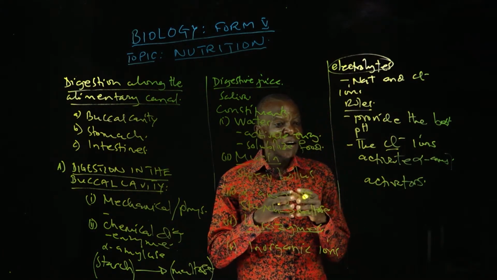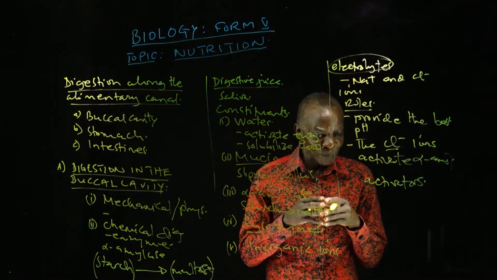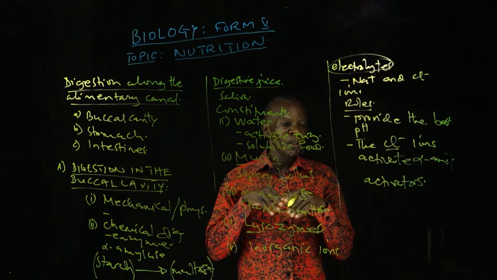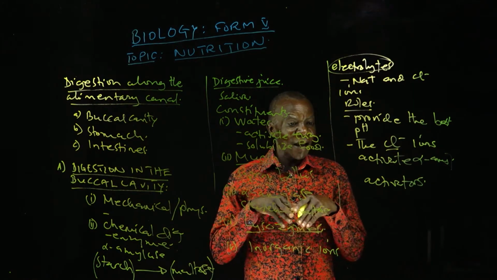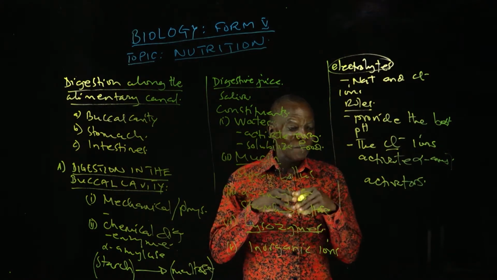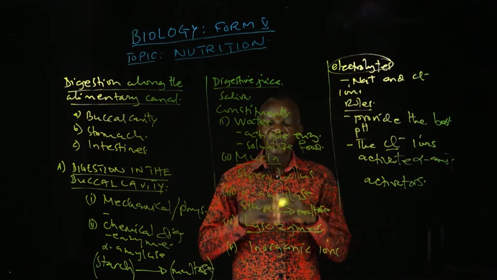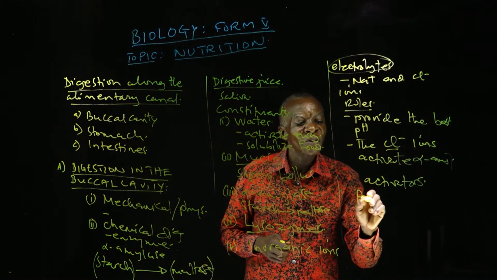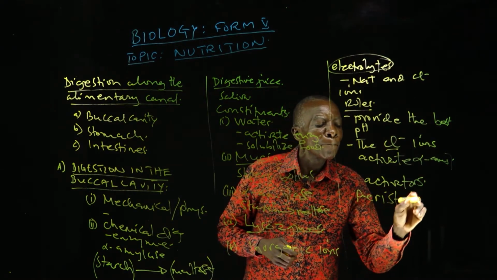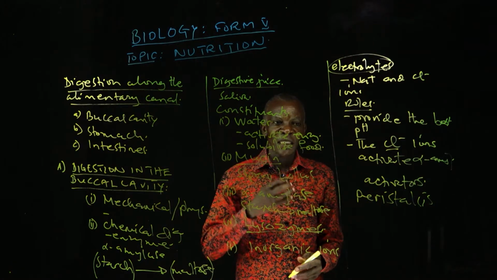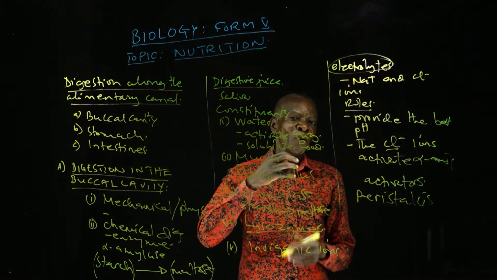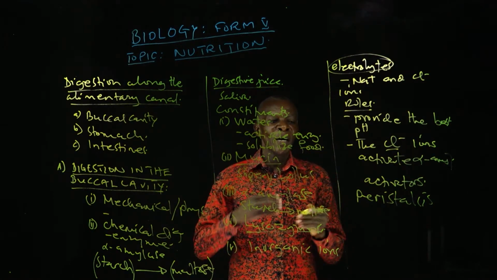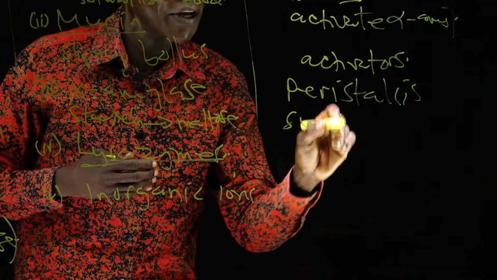The esophagus has muscles which contract and relax to force the food downwards to the stomach. This force which pushes the food into the stomach is called peristalsis. And the process of directing the food from the buccal cavity into the stomach is called swallowing.